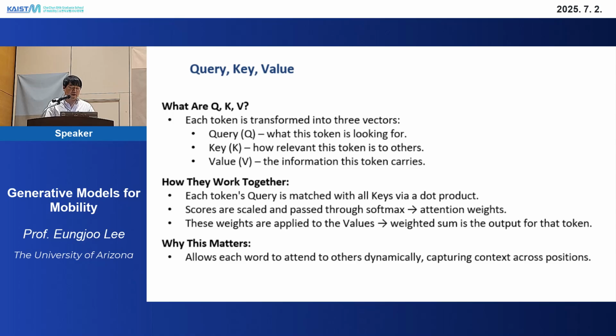These weights are applied to values, and what you get is a weighted sum. That would be the output of the tokens. By doing so, this allows each word or input to attend to others dynamically and capture context across positions.